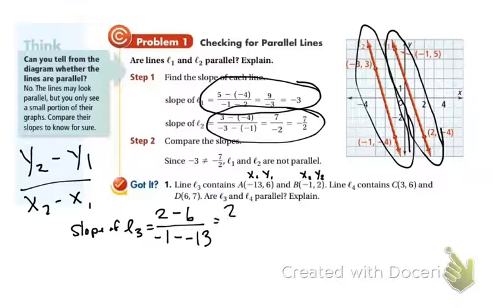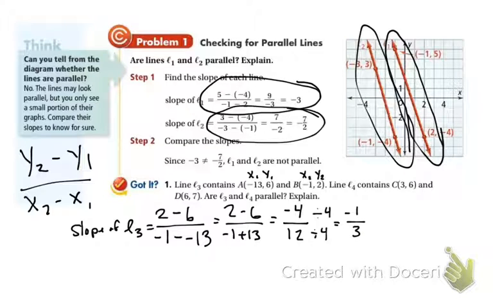So this changes into 2 minus 6 over -1 plus 13. 2 minus 6 is -4 over -1 plus 13 is 12. And then I can simplify this. I can divide the top by 4. And I can divide the bottom by 4. It'll give me -1 over 3. So -1/3 is the slope of line 3.